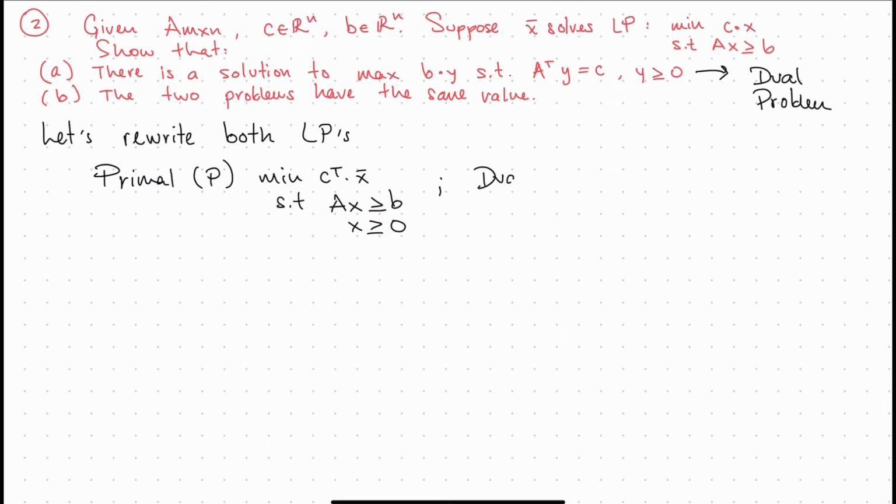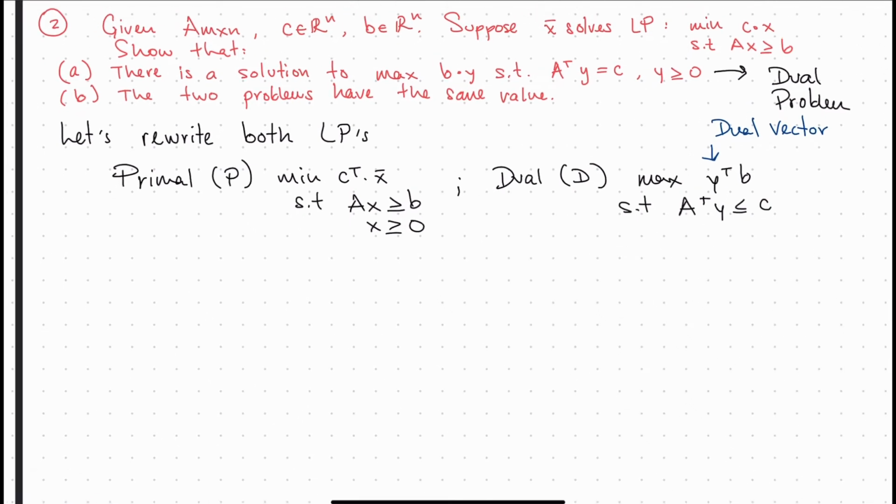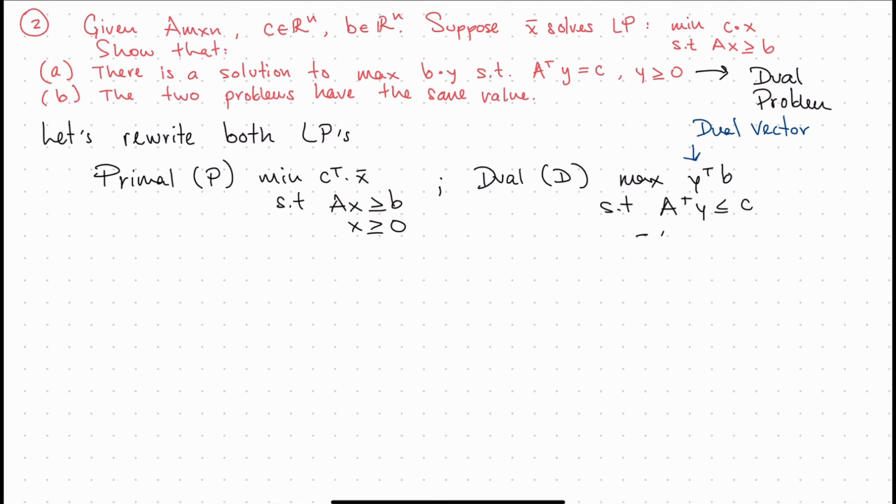And the dual problem, denoted by D, is: max the dual vector y transpose times b, such that A transpose y is lesser or equal than c, and minus A transpose y is lesser or equal than minus c.